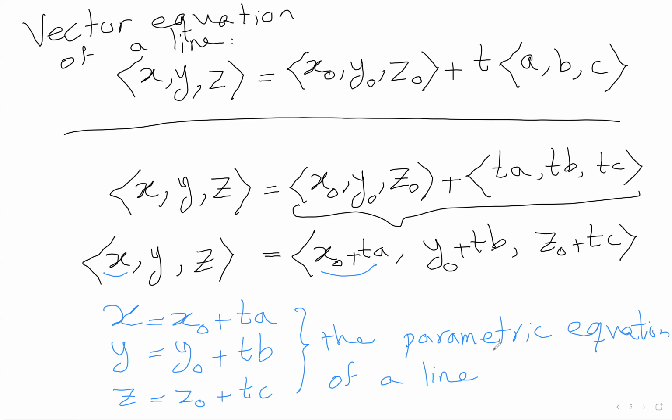So let me give an example. How do we find the parametric equation and vector equation of a line?